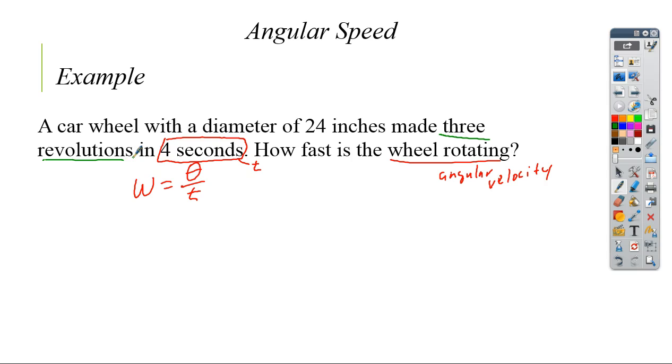Well, we have to go back. I want radians. And it went around 3 times. How many radians are there in 1 time around? Remember, 1 time around, there's 2 pi radians per revolution.